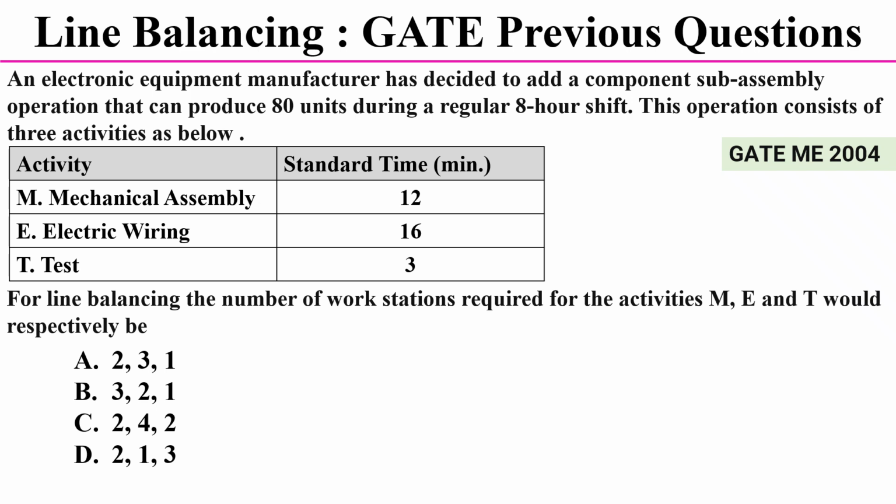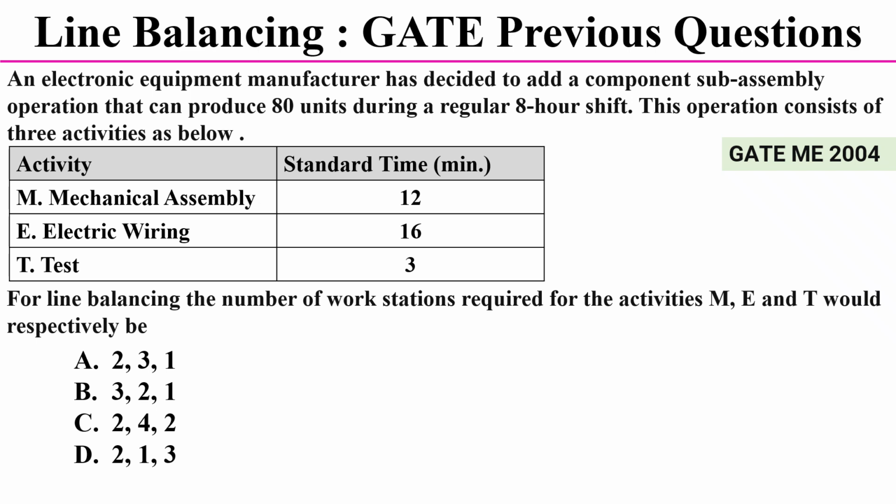An electronic equipment manufacturer has decided to add a component subassembly operation that can produce 80 units during a regular 8-hour shift. This operation consists of 3 activities as below. Activity M, mechanical assembly, and standard time is 12 minutes.